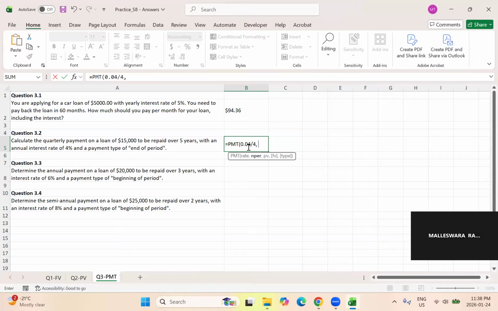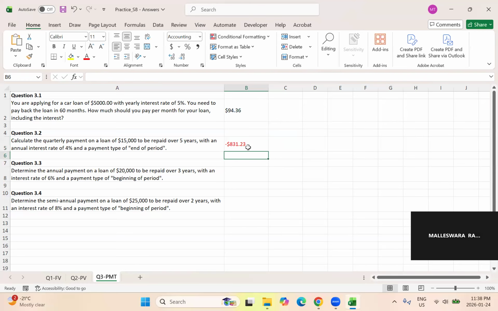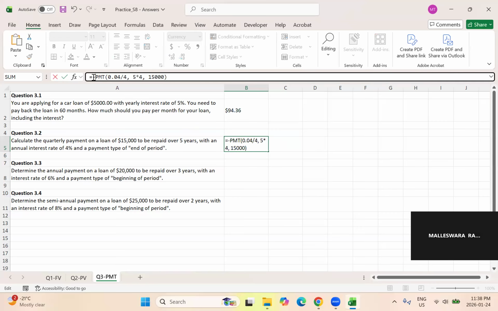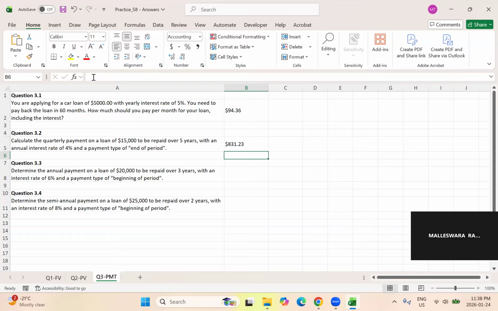How many years? Or 5 years multiplied by 4 quarters. And then the loan, the present value of the loan is 15,000. So he explicitly said end of period. So that's a default anyway. So leave it like that. So that's a negative sign. I would put a negative sign here. Money which is going out, right?